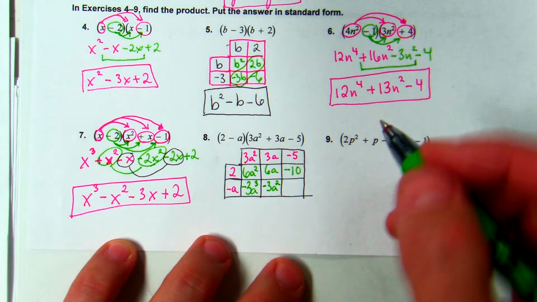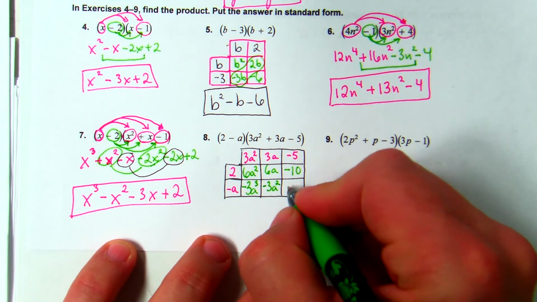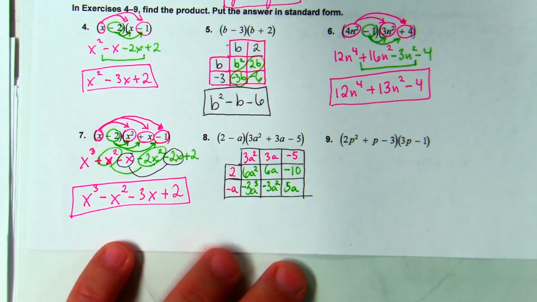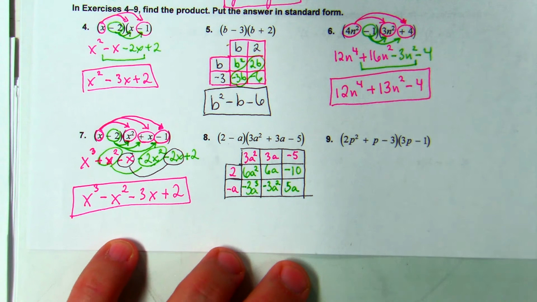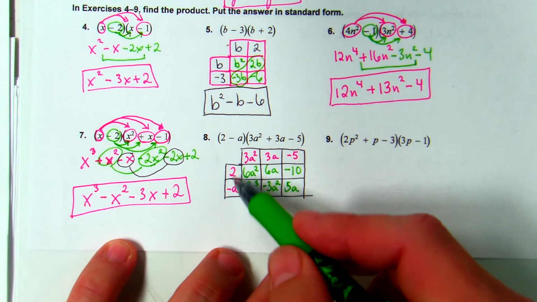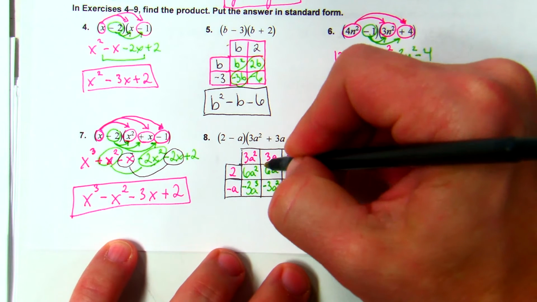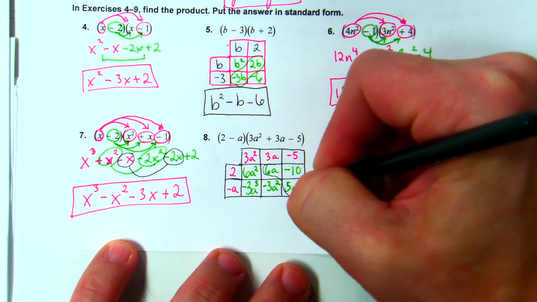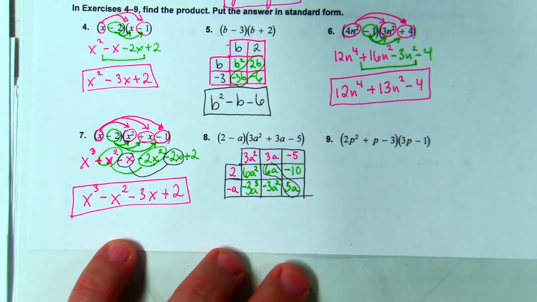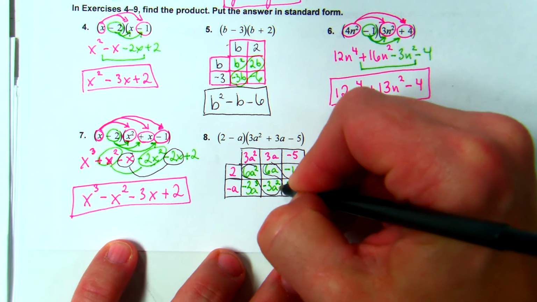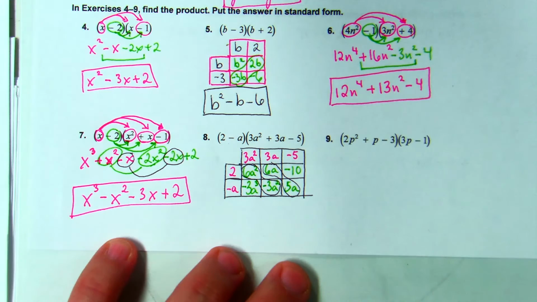And then the last thing we have is negative a times negative 5. It's going to give me a positive 5a. Now this one changes order a little bit because we changed the order of our terms here in the front, but if you'll notice, we can still combine our a terms here, and we can still combine our a squared terms right there.